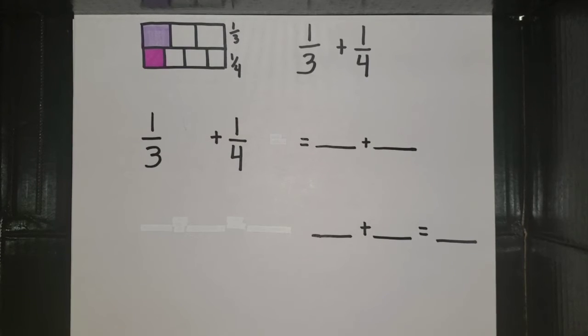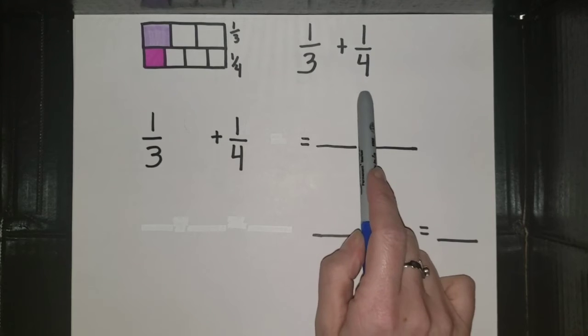Now let's practice adding fractions with unlike denominators. Remember, unlike fractions are fractions where the denominators are not the same numeral. So let's look at our first example. We have 1/3 plus 1/4.